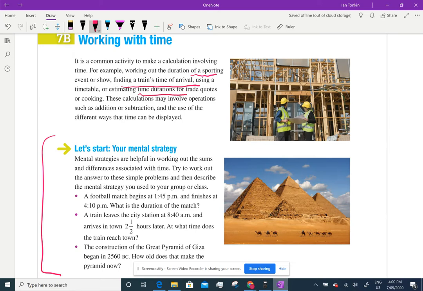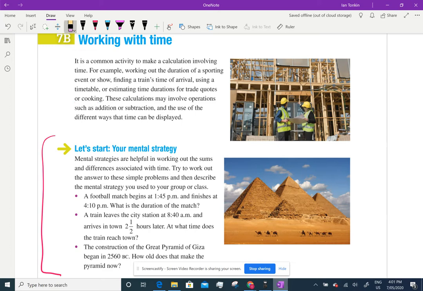Time durations, particularly if you're a tradie or you're working per hour, or even if you're following a recipe and cooking. All these things require you to use time and to calculate.